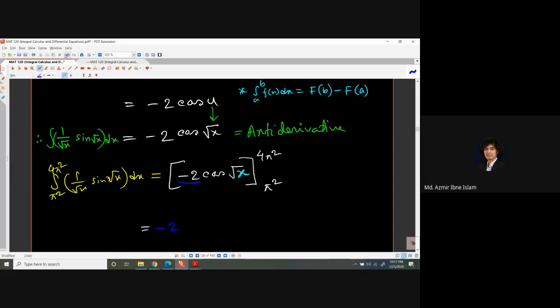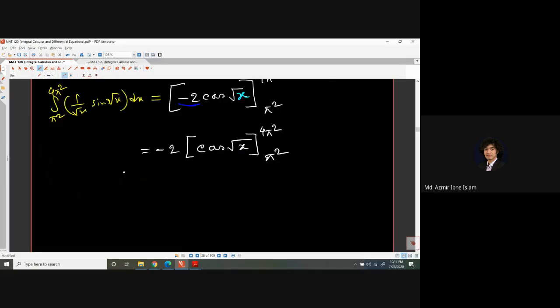So let's bring this negative 2 before this antiderivative or this square bracket. That will help us to calculate easily. Okay, upper limit 4 pi squared, lower limit pi squared. So this is our input x.